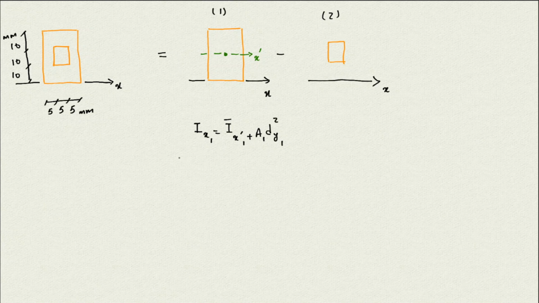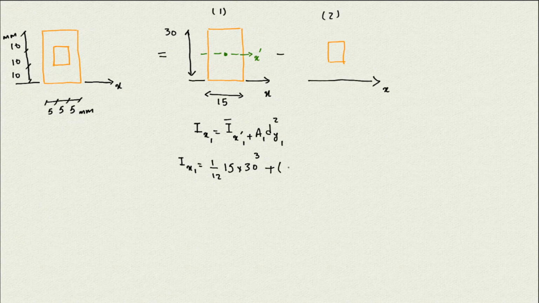So therefore Ix1 is going to be the moment of inertia about its centroid, 1/12 of b times h, where b is 15 and h is 30. So it's going to be 1/12 of 15 times 30 to the power of 3.